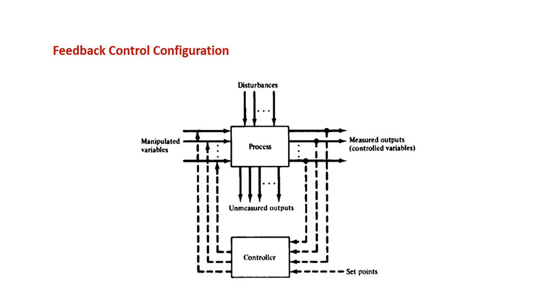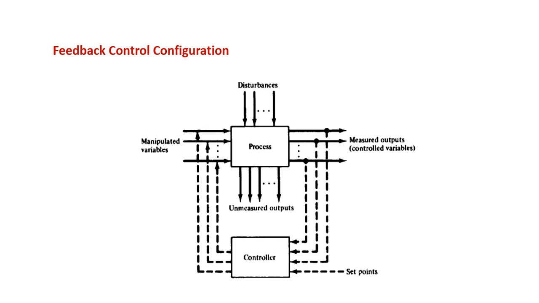So this is how basically a feedback controller configuration works. If you see, the very specific aim of this feedback is that we are not targeting the disturbances. What we are targeting is the manipulated variables, the variables which can easily be controlled.